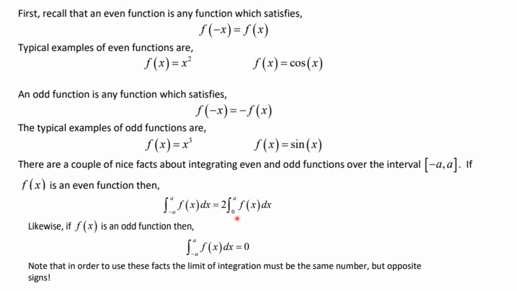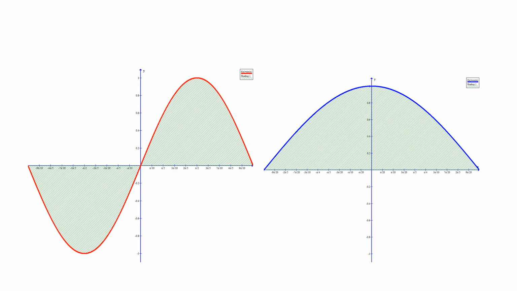This is useful because often 0 is an easy number to plug in where minus a might not be. Likewise, if f is an odd function, then the integral from minus a to a of f of x dx equals 0. So you see, in order to use these facts, the limits of integration must be the same number, but with opposite signs.